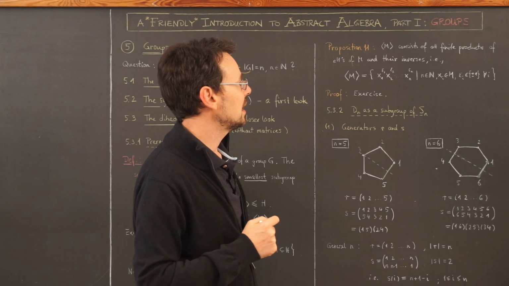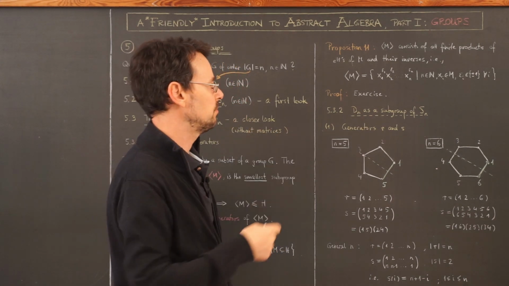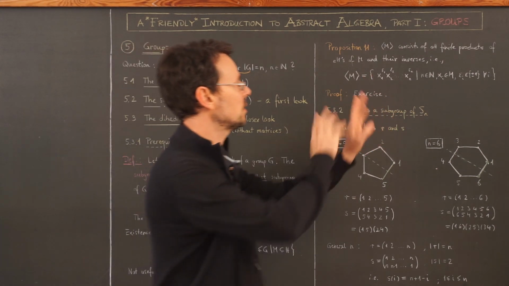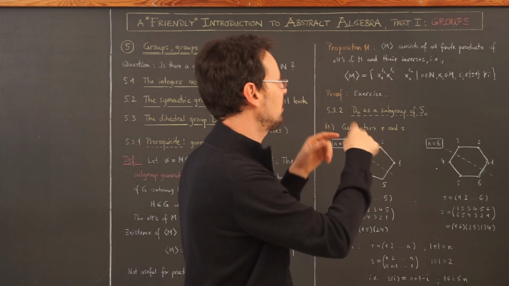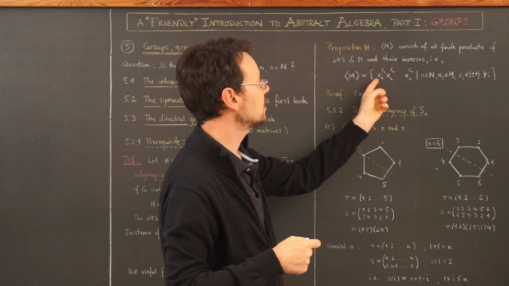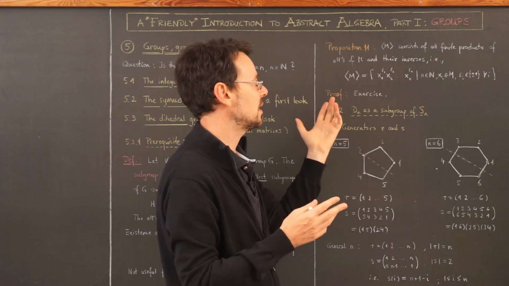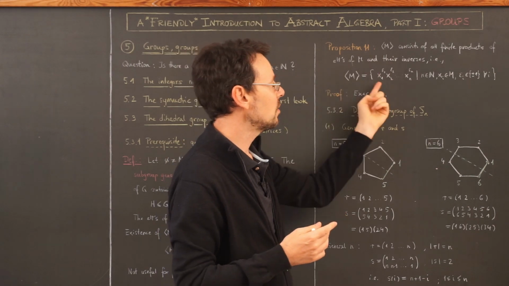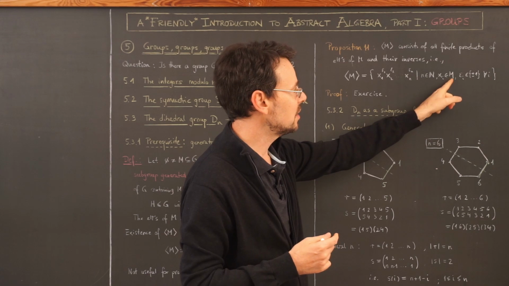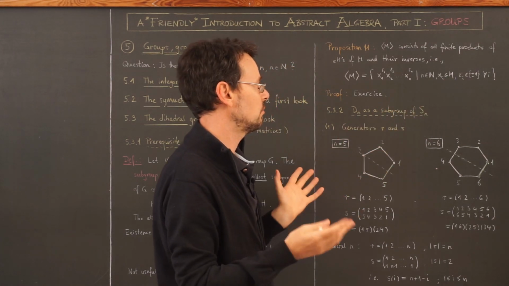But Proposition 11 contains a much more useful description of this generated subgroup. So the assumptions are as above, M being a non-empty subset of a group G. Then the claim is that the smallest subgroup containing the set M looks as follows. We take all the finite products of elements in M, finite products, because we do not know what an infinite product would be.